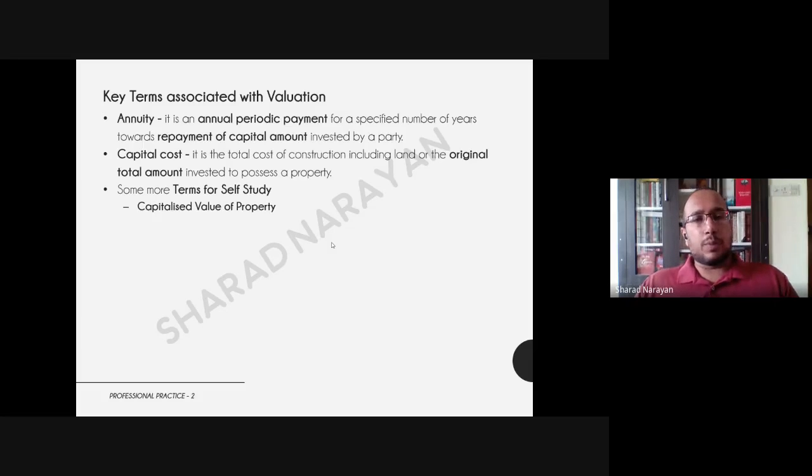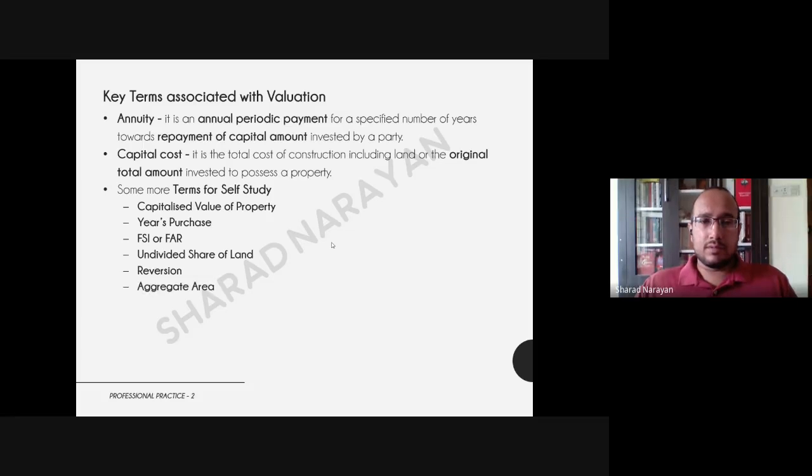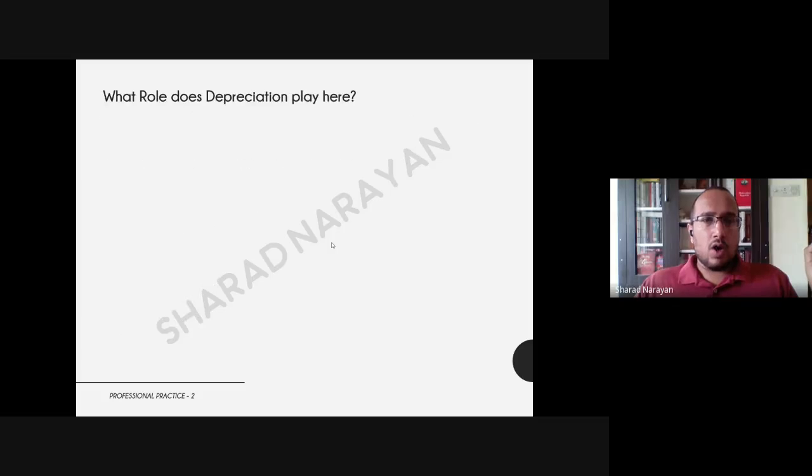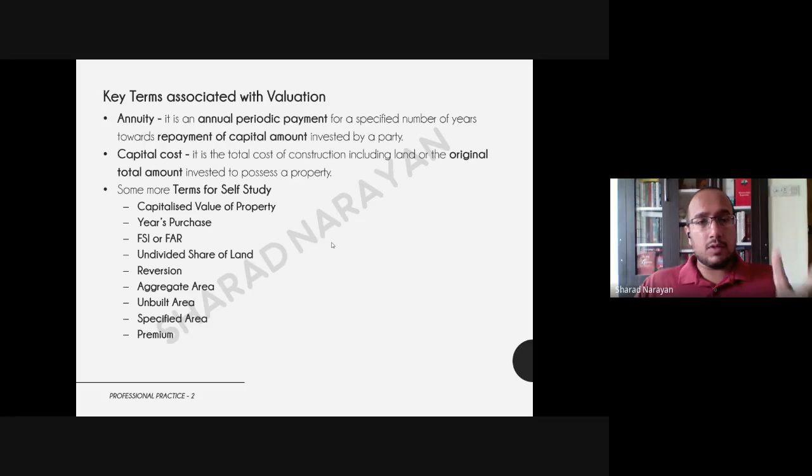We talk about capitalized value of property, years purchase, FSI or FAR, which is fairly straightforward, undivided share of land, reversion, aggregate area, unbuilt area, specified area, and premium. All of these terms will have to be defined in your assignment.